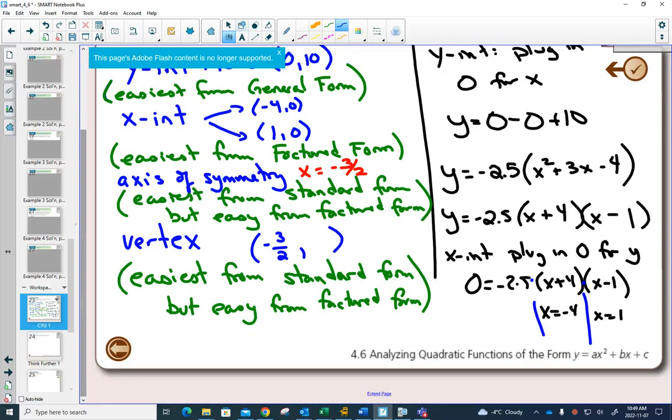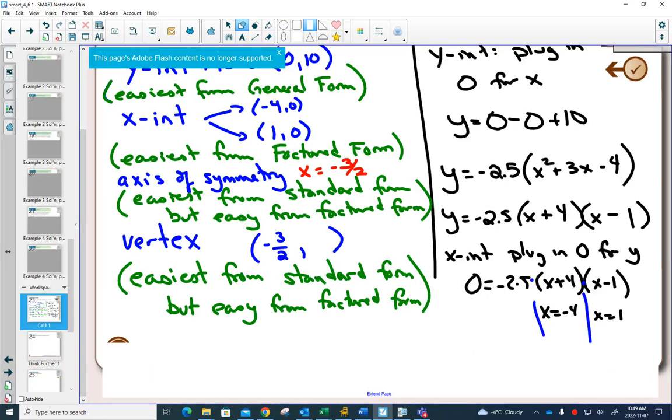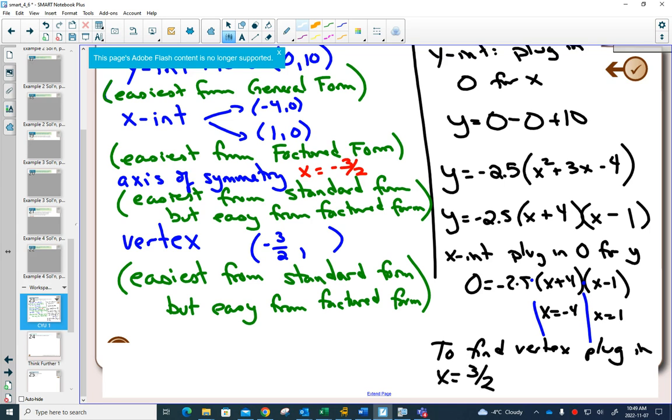your y coordinate. And how are we going to do that? I'll do it over here. Well, if you know that x is -3/2, all you would have to do is plug in -1.5 for x.